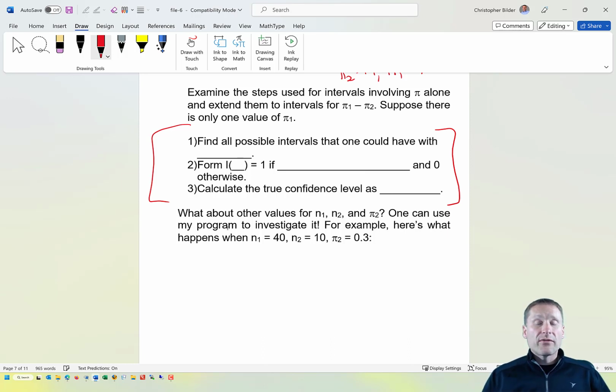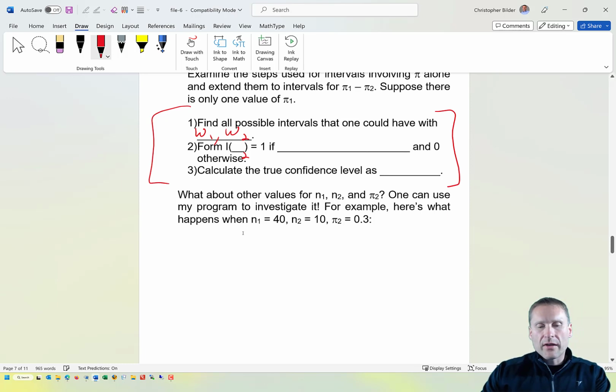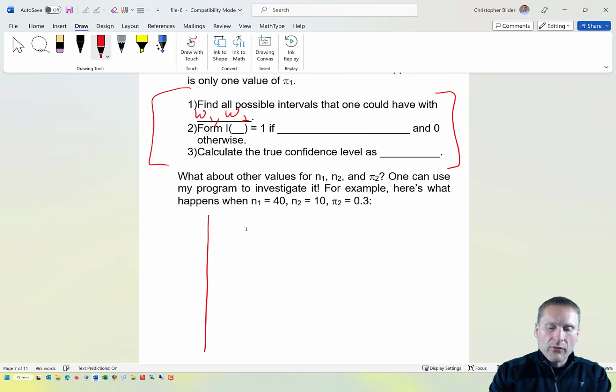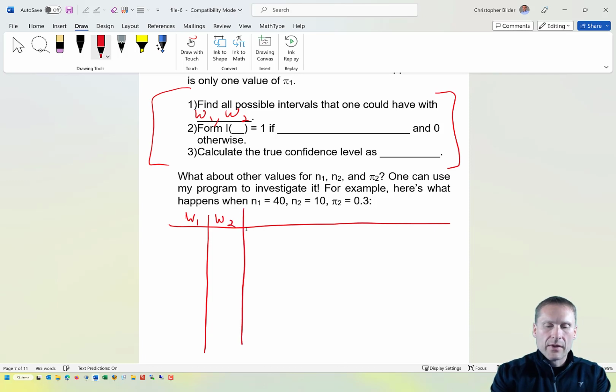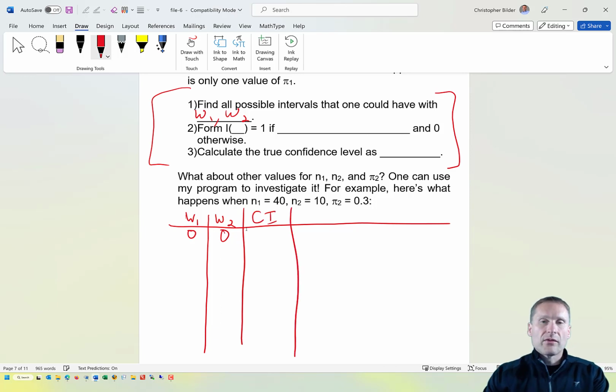So step 1, define the true confidence level in this particular situation. Step 1 says find all possible intervals that one could have with W1 and W2. In other words, suppose we form a table. I have W1 here, I have W2 here, and let's say W1 is 0, W2 is 0, and I want to find the confidence interval for that particular case, whatever it might be.